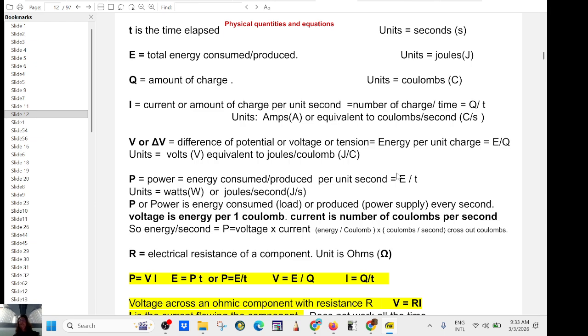Power, again, it's energy per second, so that will be watts. Okay, so the amount of energy consumed by a load or produced by a power supply per second. And then you have Ohm's law.